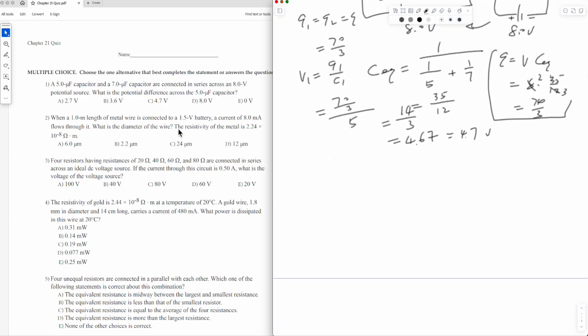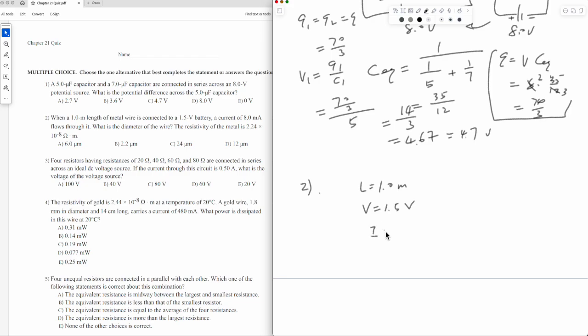All right, second one, when 1.0 meter length of metal wire is connected to a 1.5 volt battery, current. Okay, so this length equal to 1.0 meter, and voltage is 1.5 volts.